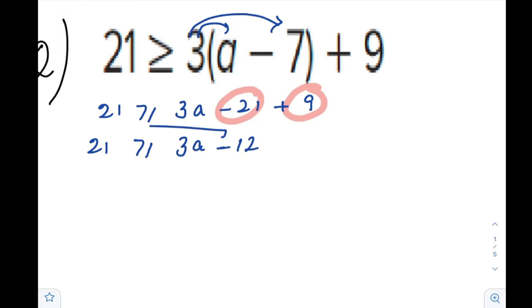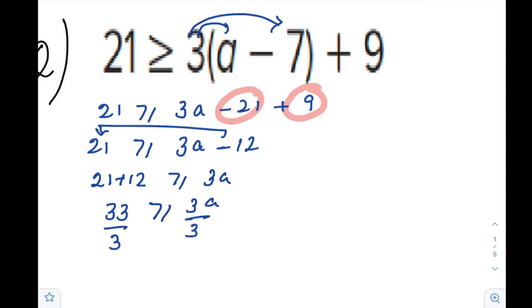Let's take the negative 12 to the other side. So it will be positive. We have 33 more than 3a. As we want a alone, so we will divide by 3. And then a less than or equal to 11.